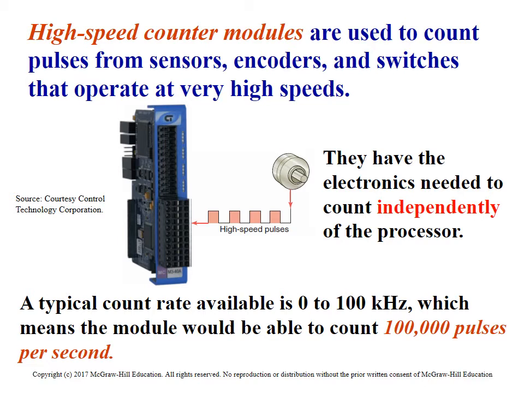So what happens is, as that signal is going on and off, the PLC is only capturing a certain percentage of those ons and offs.